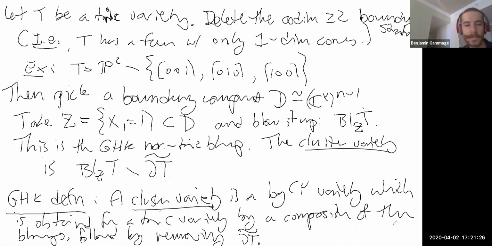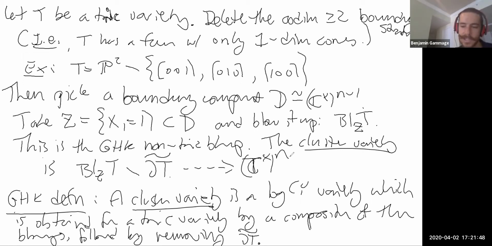And I have a birational map from my cluster variety to my toric variety, right? Because what I did was I blew up my cluster variety, and then I deleted this thing here. So I have a birational map to the C star to the n inside that toric variety.